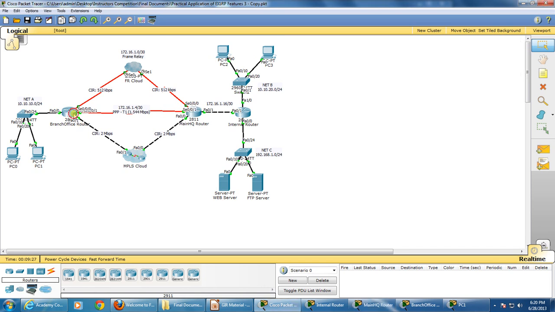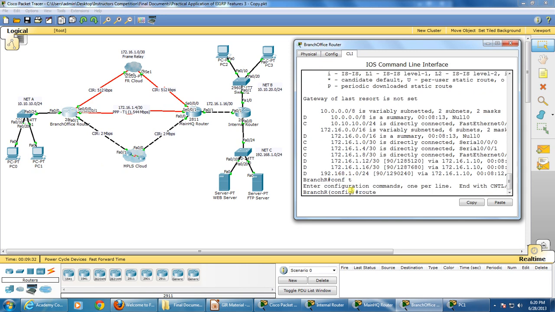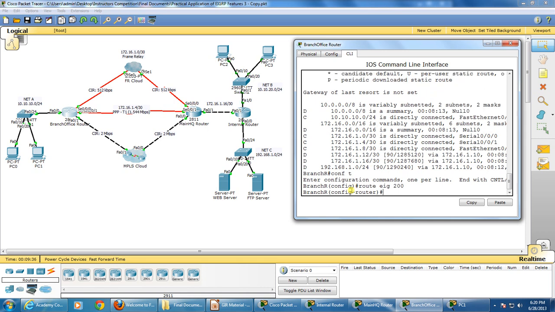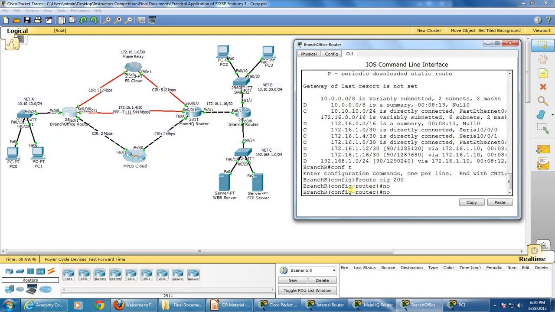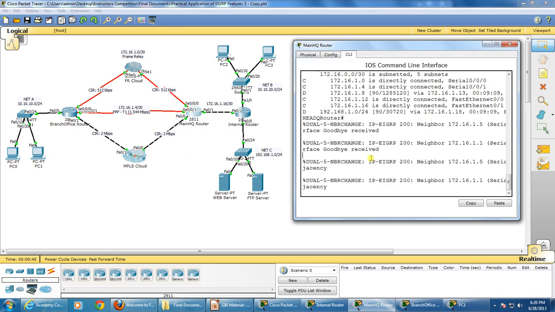So again, to solve this issue, we just simply go to the router configuration mode, EIGRP 200, because I'm using here autonomous system 200, and then issue the command no auto summary. So you do this to all of these three routers.